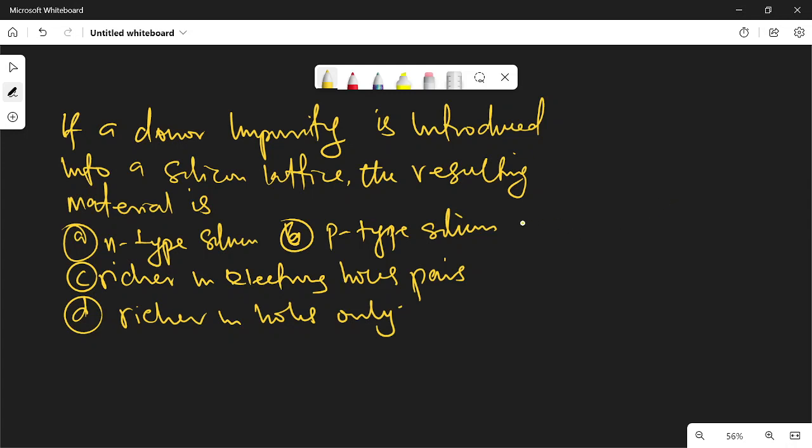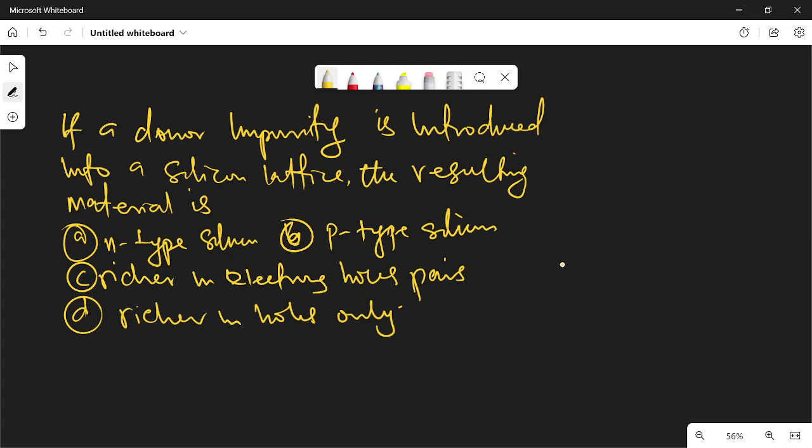If that is our option, the first question you ask yourself is, what are donor atoms and what are acceptor atoms? When we talk about donor atoms, we are talking about group 5 atoms. They donate. And acceptor atoms are group 3 elements. Group 3 are acceptors, while group 5 are donors.